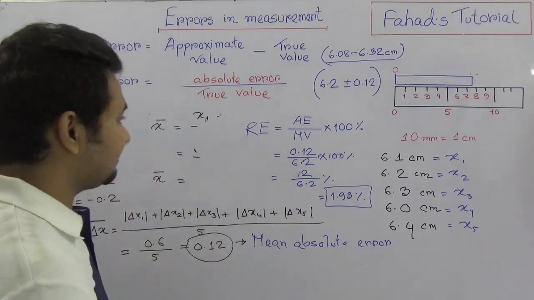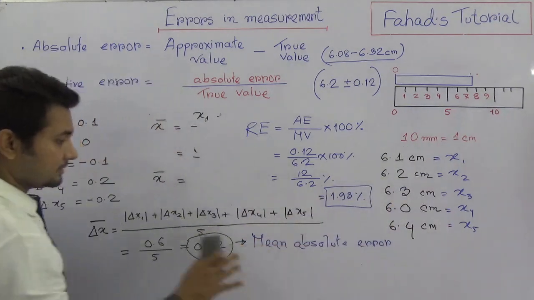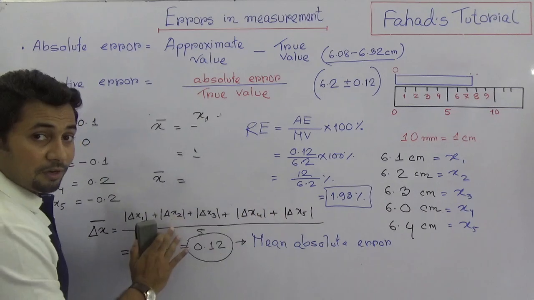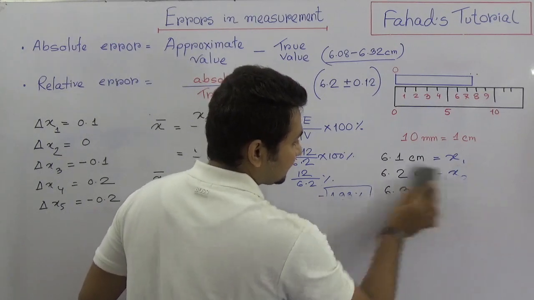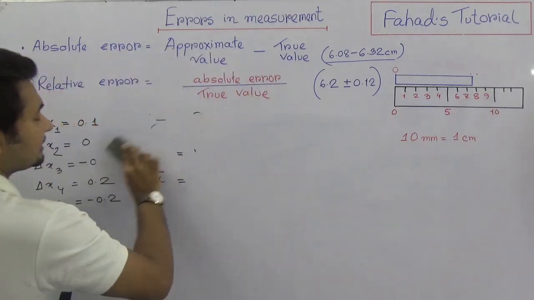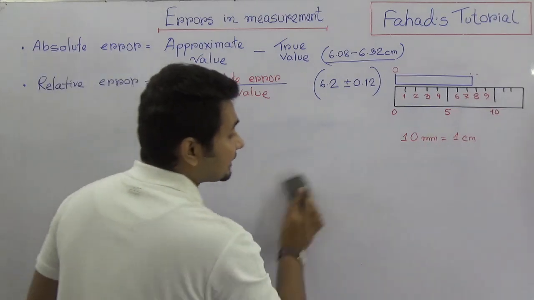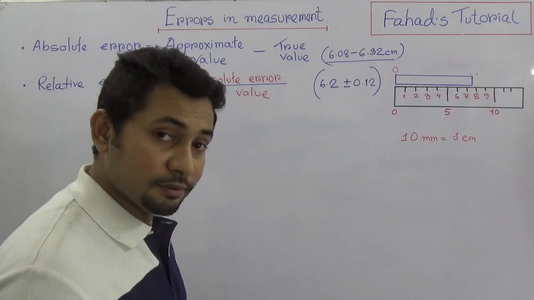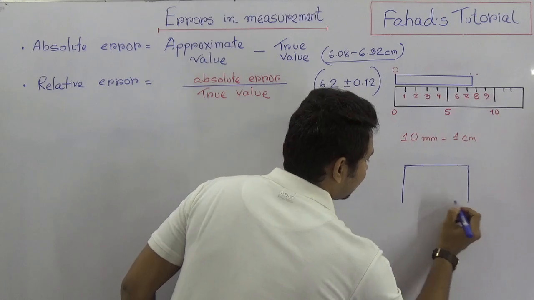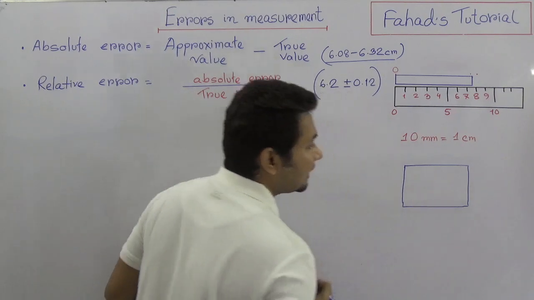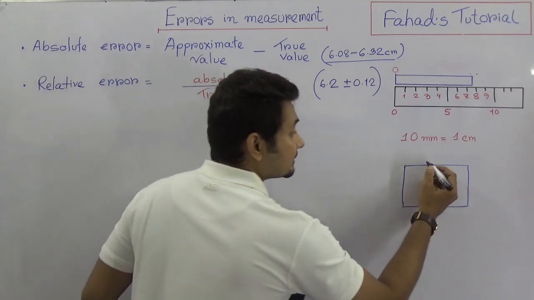I can give you another example. You got it, 5 observations, and then we just took the positive deviations. We don't need the negative part to find the relative error. So here is another example, measuring the area of something. Suppose there is a square substance, and the length is 10 centimeter.